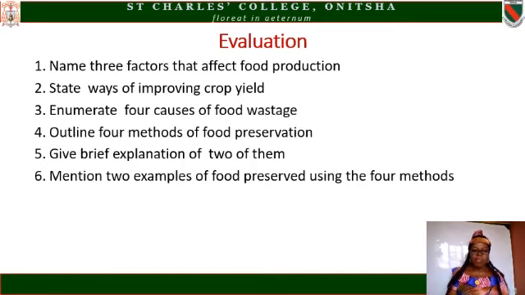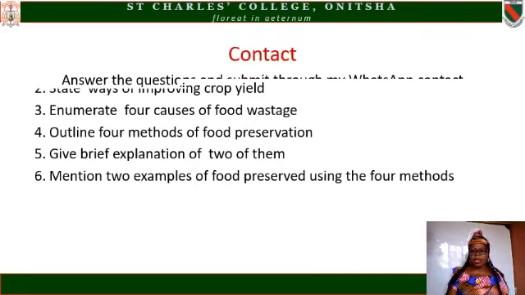State ways of improving crop yield. 3. Enumerate 4 causes of food wastage. 4. Outline 4 methods of food preservation. And 5. Give a brief explanation of any 2 of them, and then give 2 examples each of the food prepared or preserved using the 4 methods.